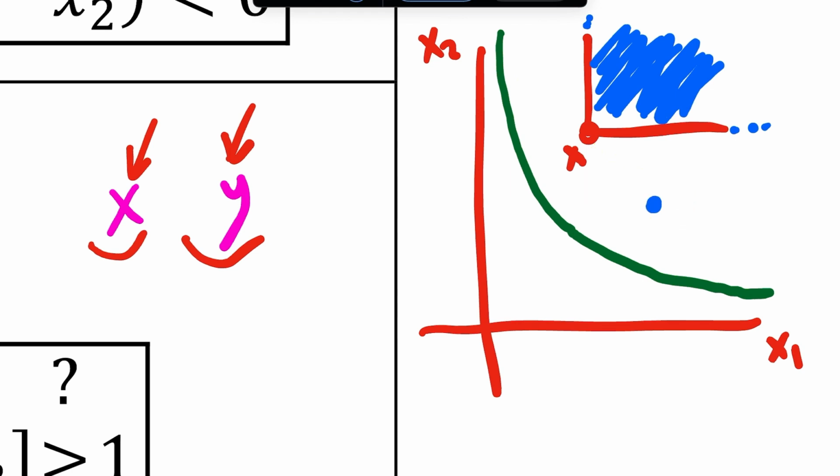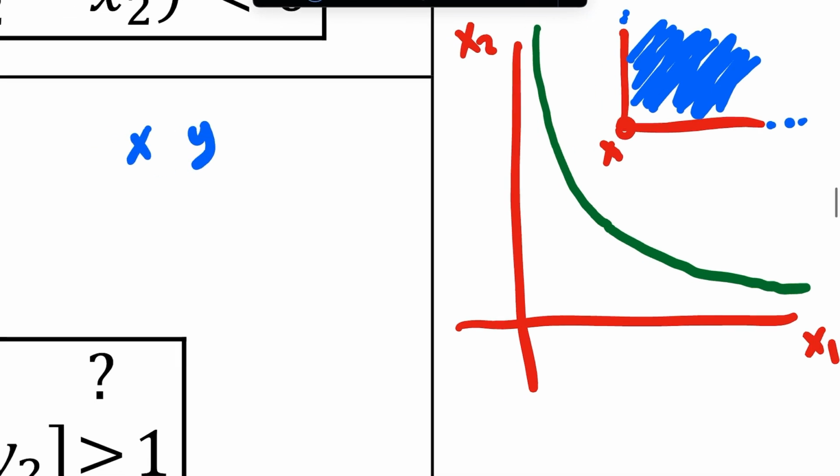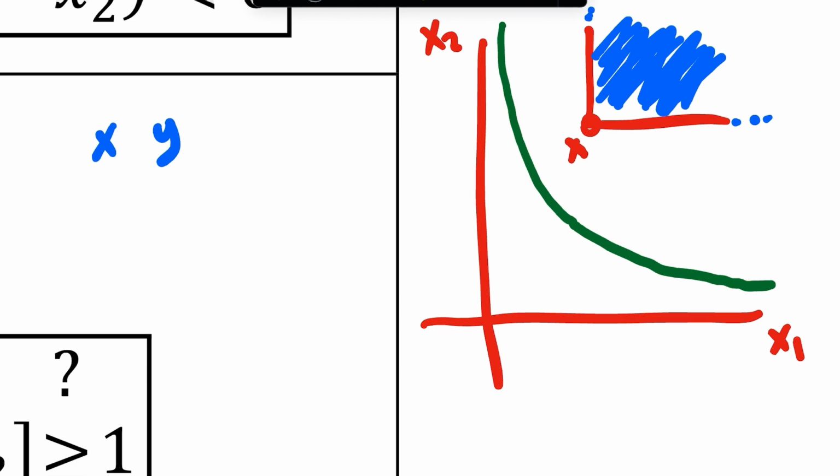And let's look at what would happen if we had case 1. So what I'm trying to say is that you give me 2 points, x and y, and let's remember, this is actually a 2-dimensional vector.